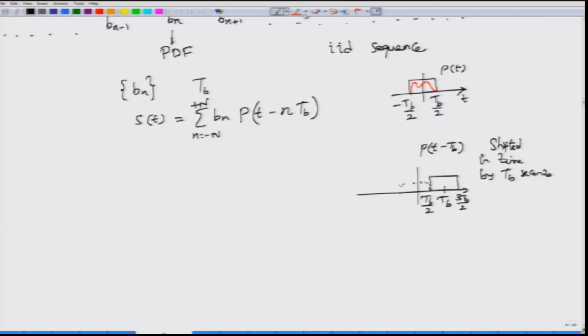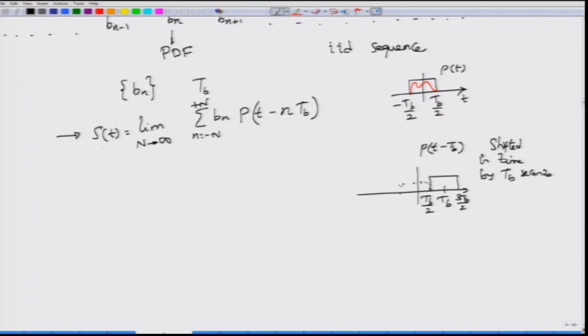Of course, what I want is not just this finite sequence of pulses, because you assume that communication has been happening from time t equal to minus infinity and will go on up to t equal to plus infinity. To obtain that, I take the limit N to infinity, so I keep adding more and more pulses into this. This is your signal that is being transmitted.